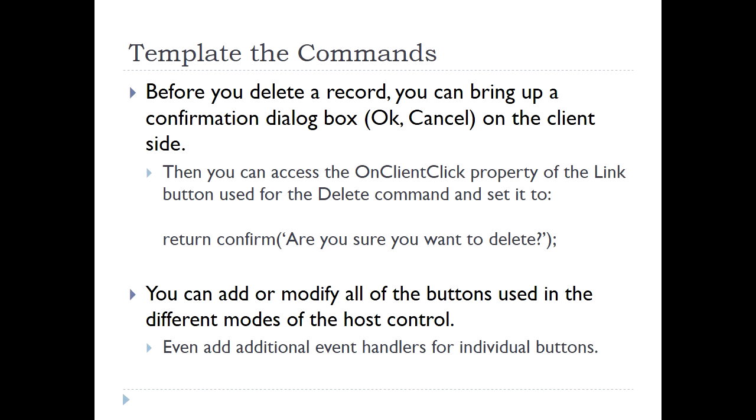They're generated dynamically, so the trick is once more template. By templating the command column, we'll have access to all the individual buttons in there, and we can change properties such as this OnClientClick property. Plus, we can add our own event handlers to them, and that'll come in handy later on.